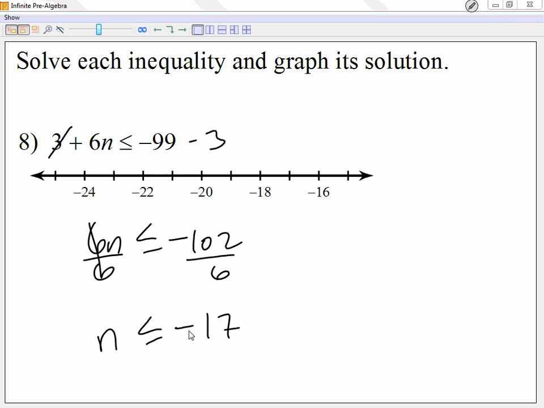I know my answer is negative, but I did not flip the sign because technically I divided by positive 6. So my key number is negative 17. In this case, we do fill it in because of the line at the bottom. And I'm going to go towards the left. Any other questions?